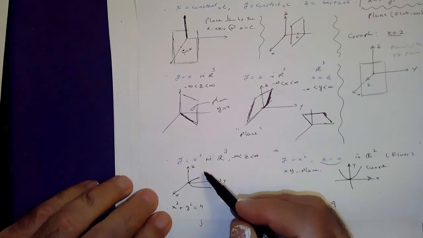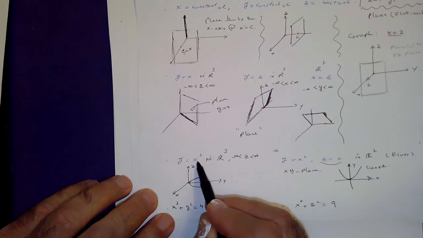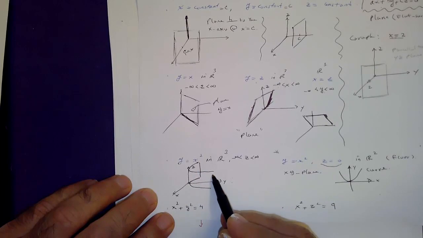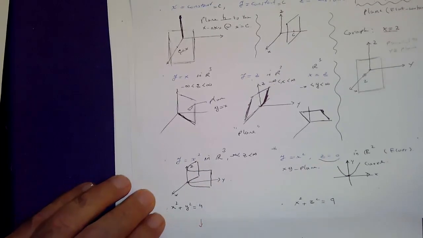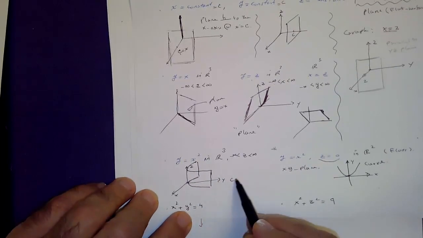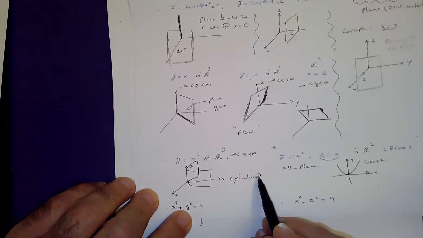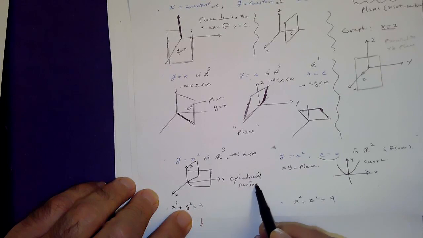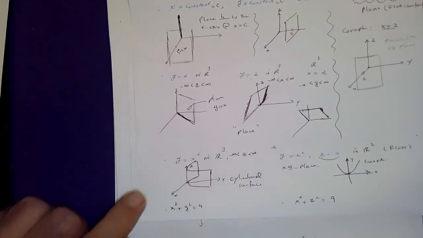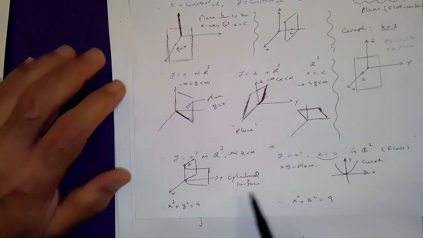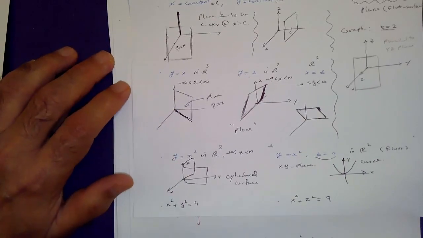So what you do, you kind of extend this curve along the z-axis like so, and lo and behold, you get a surface. And we call this cylindrical surface. Okay, cylindrical surface. Why do we call it cylindrical surface? Because it kind of looks like a cylinder, but it's not closed. So it's a cylindrical looking surface.